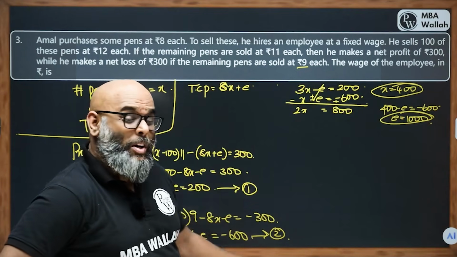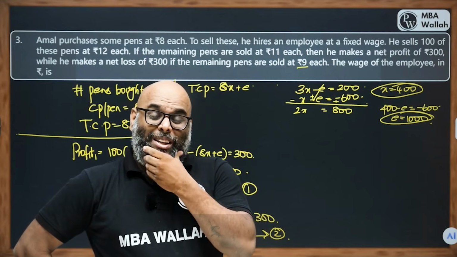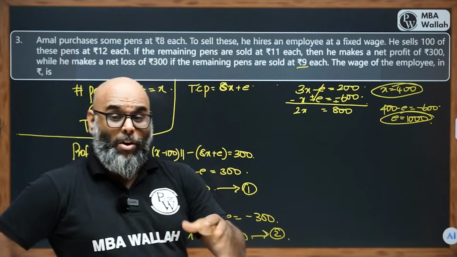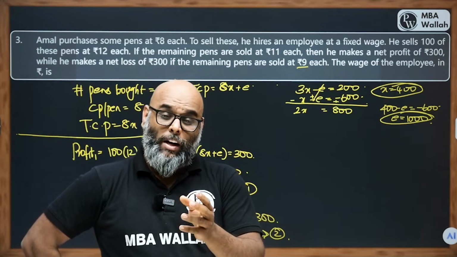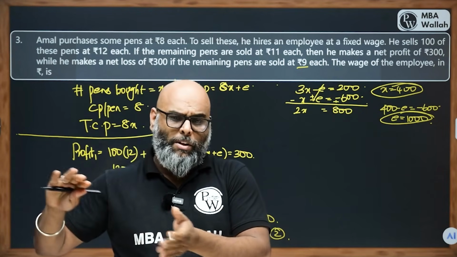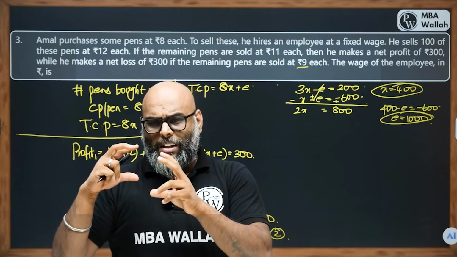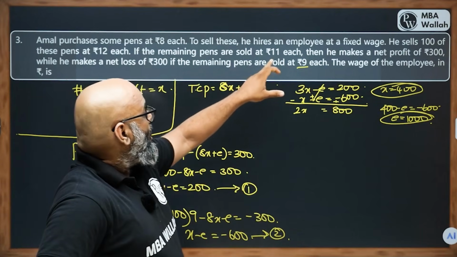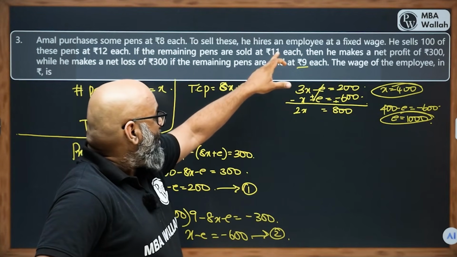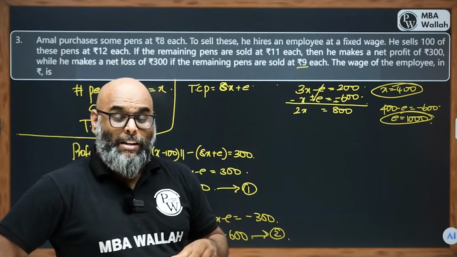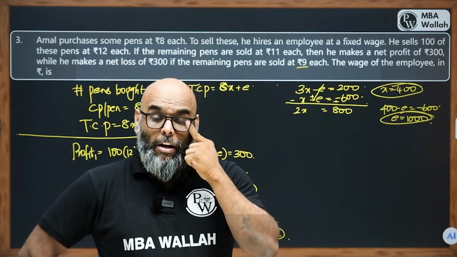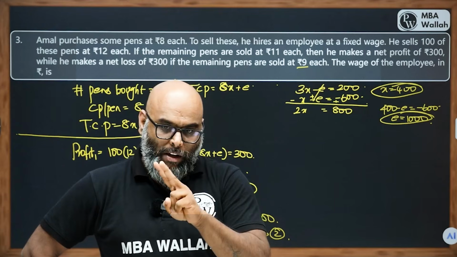This is your conventional way of doing it. If you think about it, I noticed that the first 100 pens are gone, so let's think about those 100 pens later. 100 pens sold at 12 rupees in both cases doesn't give you any change. But the remaining pens sold at 11 rupees, if sold at 9 rupees, means each pen is sold 2 rupees less.